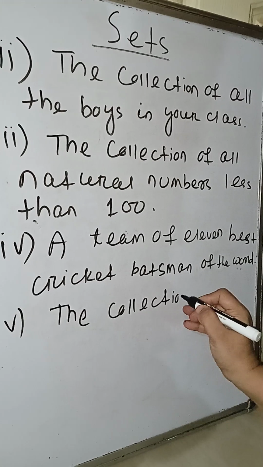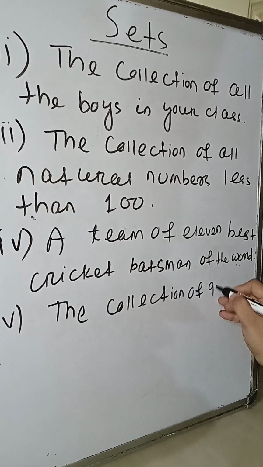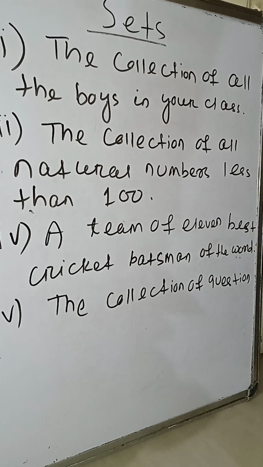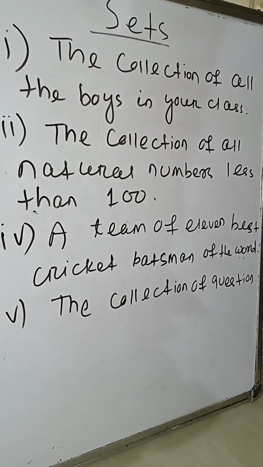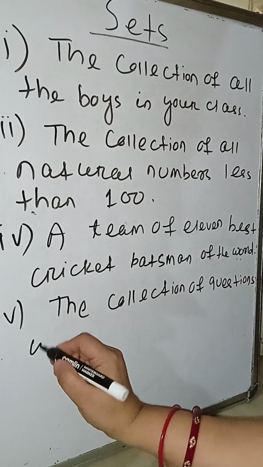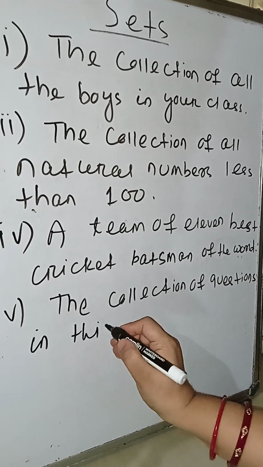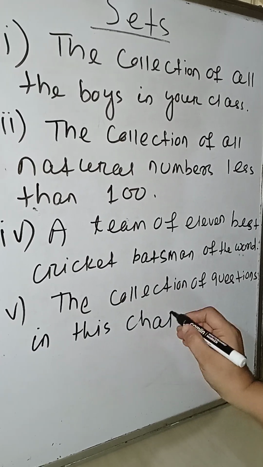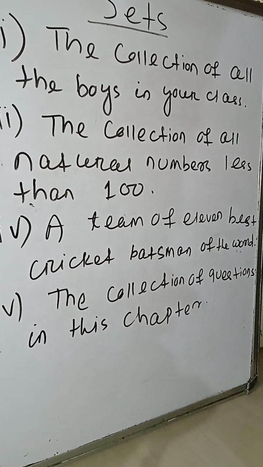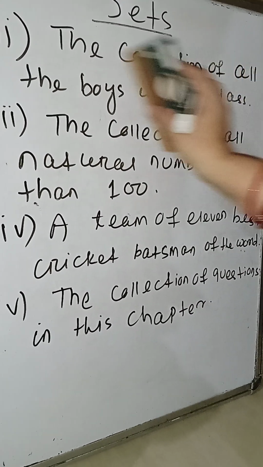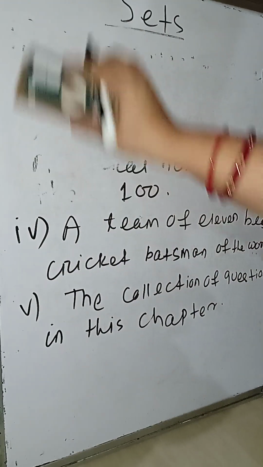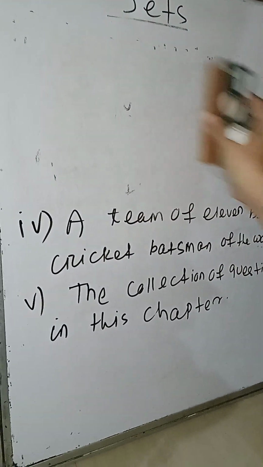Which chapter does this mean? The chapter which you are studying. So the collection of questions in this chapter. Try to find, is it possible? That was question number 1, to check whether the following are sets or not.